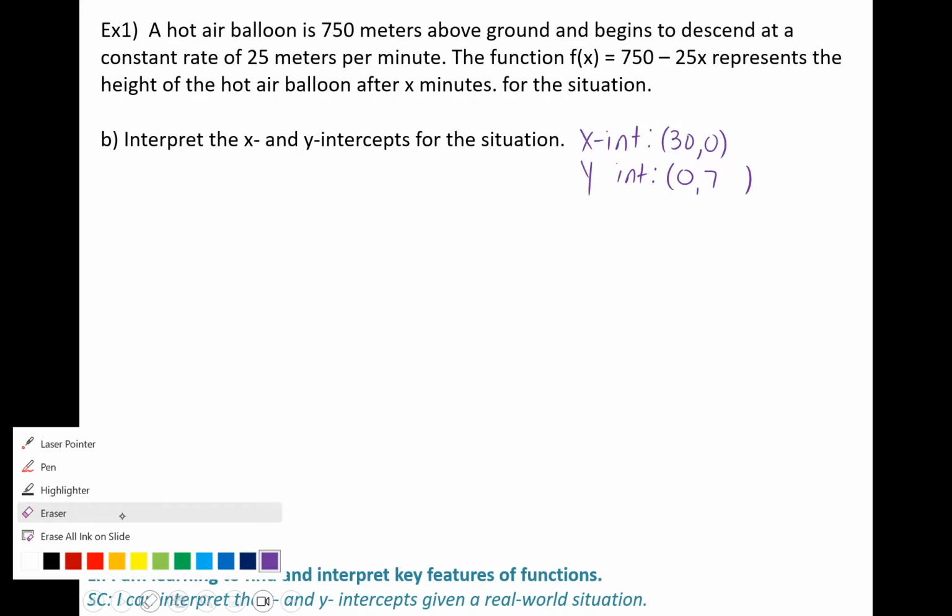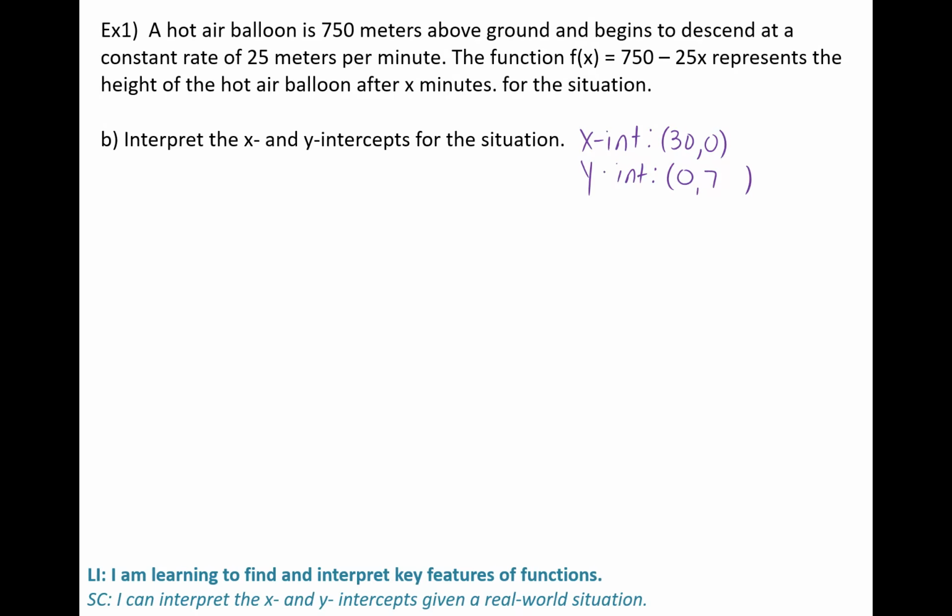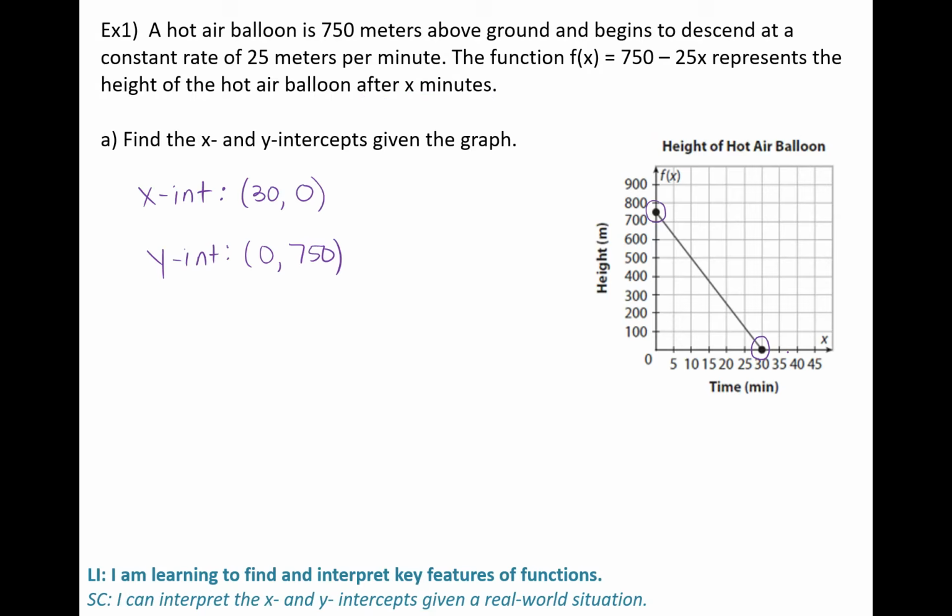In the problem, it actually tells us what the x represents. If we look back in the problem, it says after x minutes. Also, if we look at the graph, we have the x-axis right here, and we see that time is what x is representing.